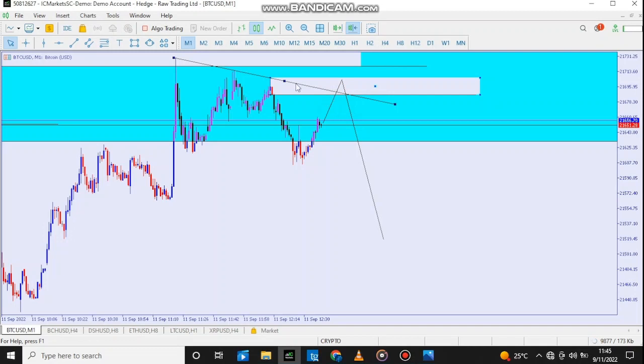In order to be on the safe side, you can get an entry right here and put your stop loss above this UT or above this point to be safe. It's still gonna be a nice risk to reward.